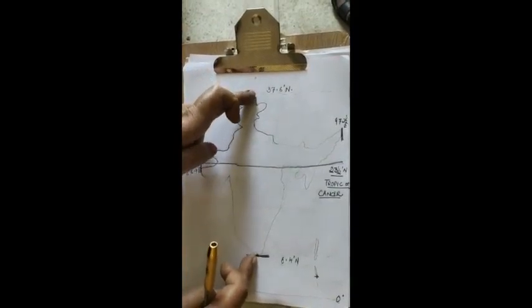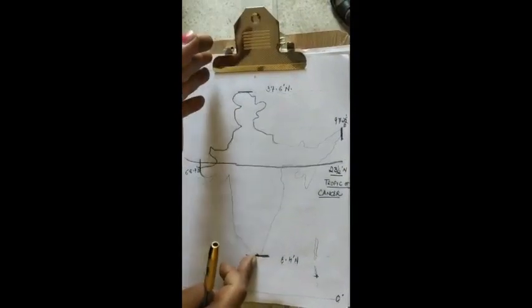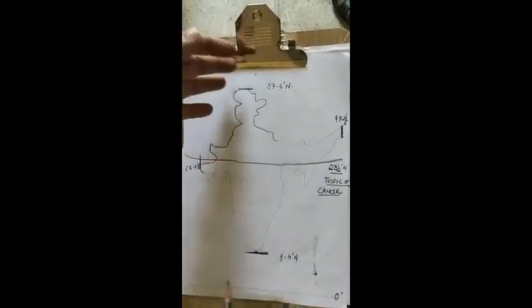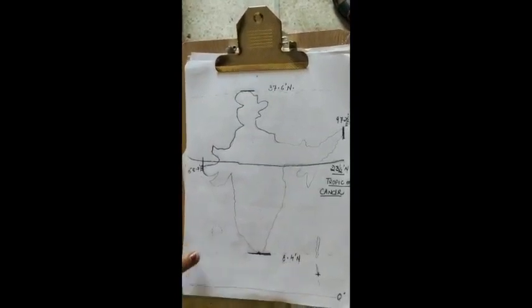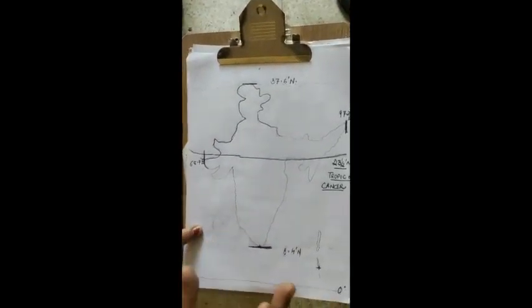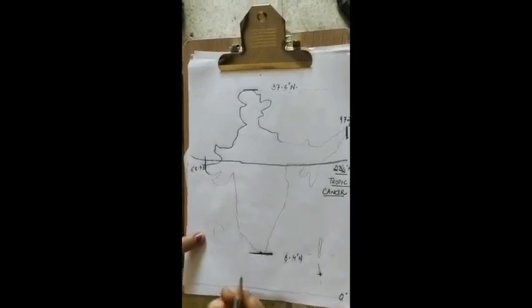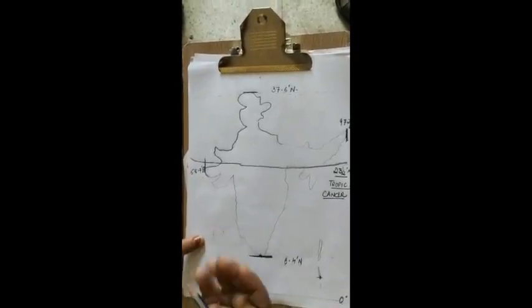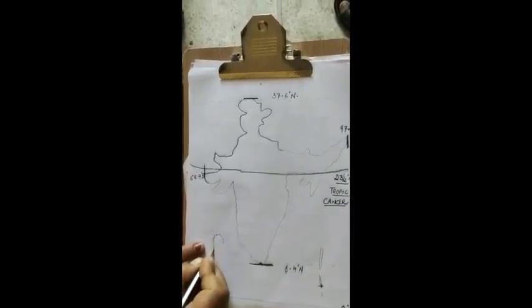India also has two of its islands. Now you all know what an island is. An island is a piece of land surrounded by water from all sides. Now you can see that India also has two groups of islands. One is on its west, out of the main boundary of India.